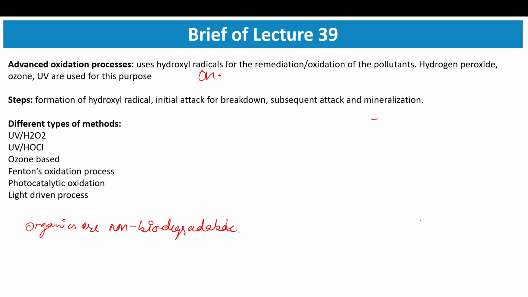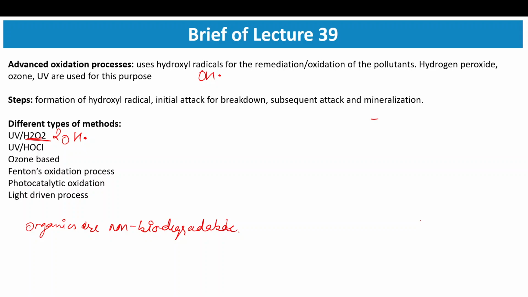So if you supply UV to H2O2, as I mentioned, two hydroxyl radicals will be formed from one H2O2. Now this OH radical acts upon the organic and breaks it down.